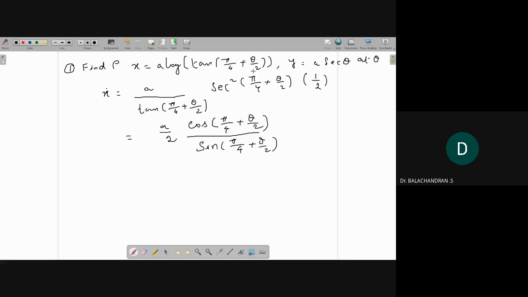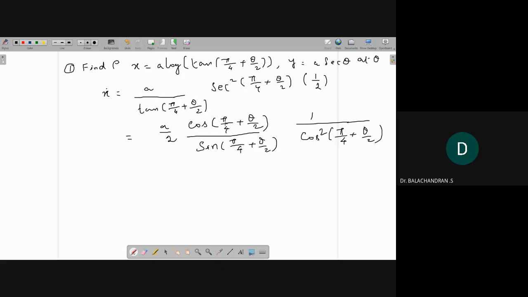And you can write secant square of pi by 4 plus theta by 2 as 1 by cos square of pi by 4 plus theta by 2.